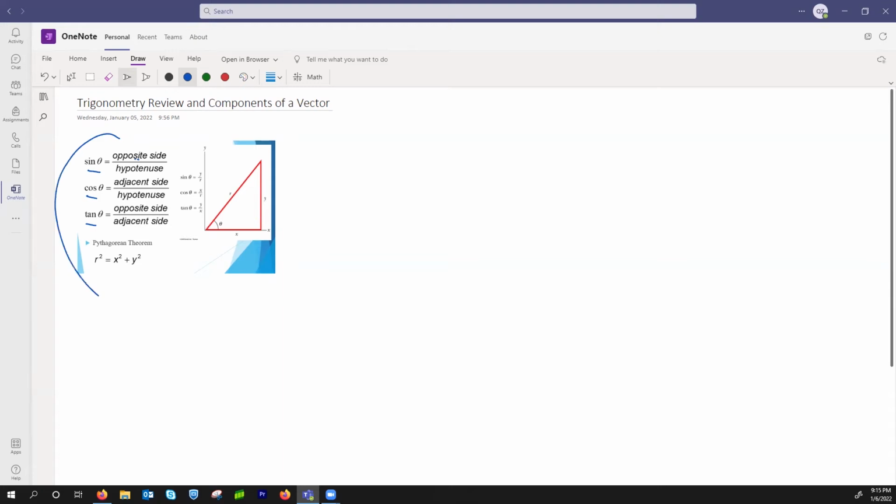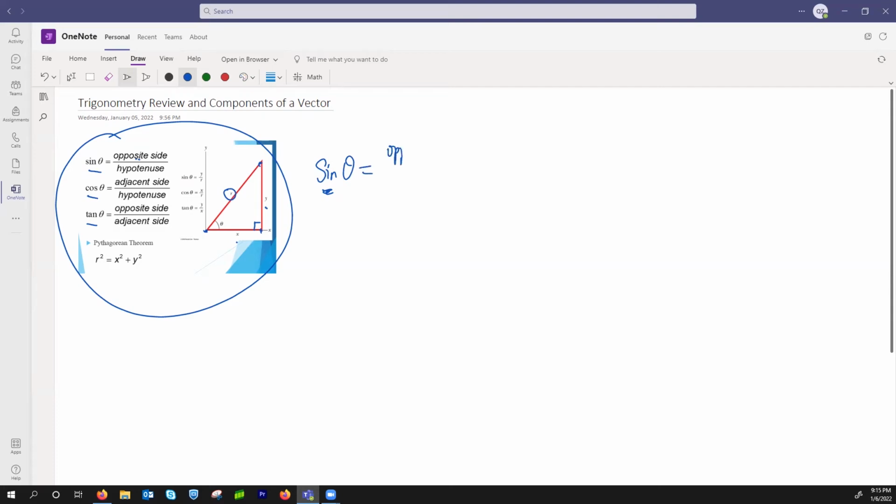Now let's come back to this case. We have a right triangle. Apparently, this is 90 degrees. In trigonometry, the way we define sine theta, one of the functions in trigonometry, is the opposite side divided by the hypotenuse. With theta defined, the opposite side apparently will be y here.